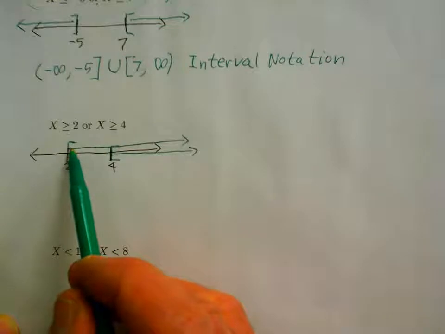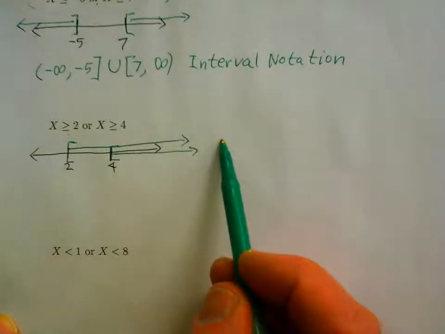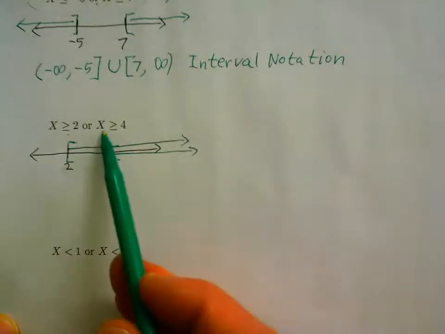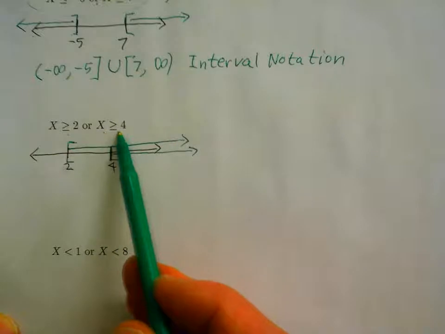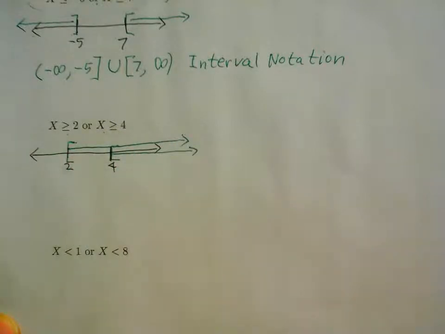So if a number is greater than or equal to 2, it's in that set. Well, all of the numbers x greater than or equal to 4 are also in the set greater than or equal to 2. Did that clear it up, or is there still some confusion?